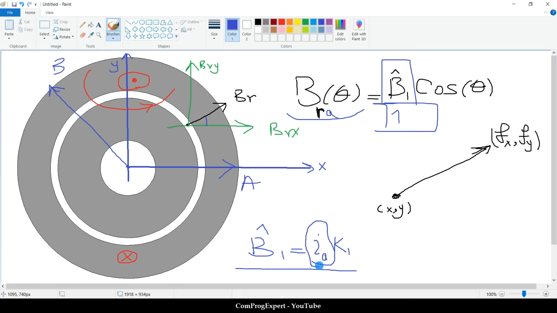But we assume the simplifications and we can extract the current from this expression. Yes, so I can write BR generated by the phase A as a function of theta is the current of the phase A times the constant K1 times cosine of theta.